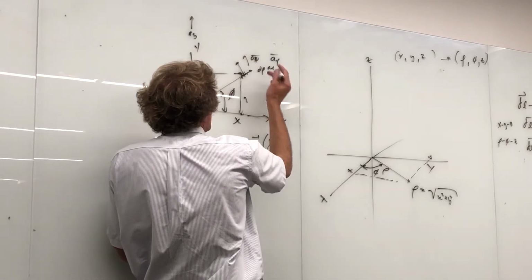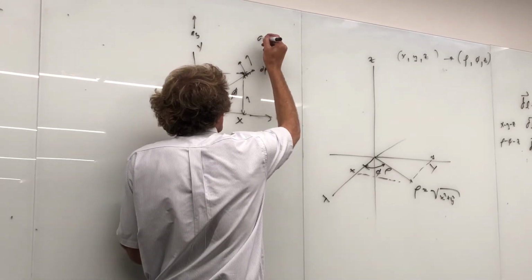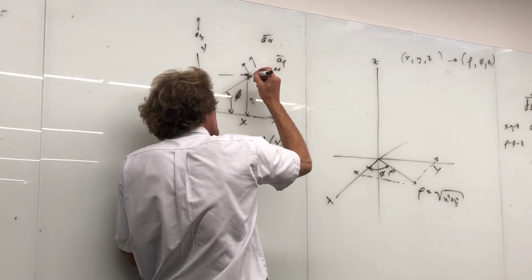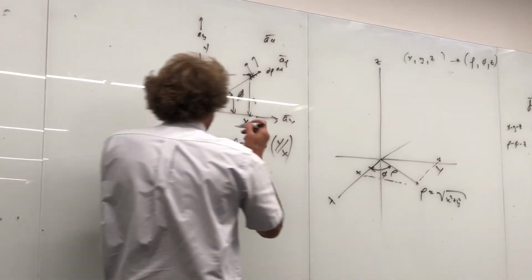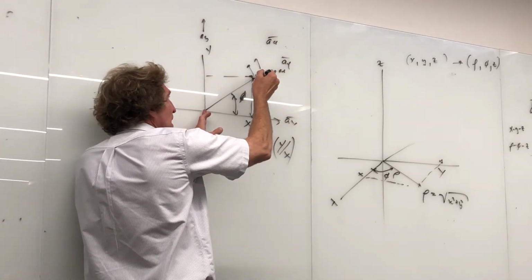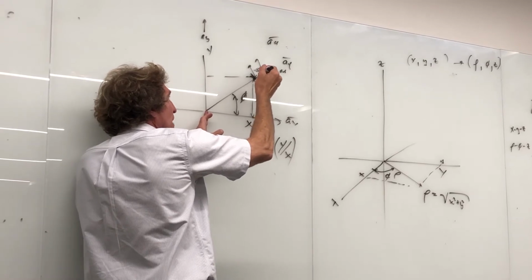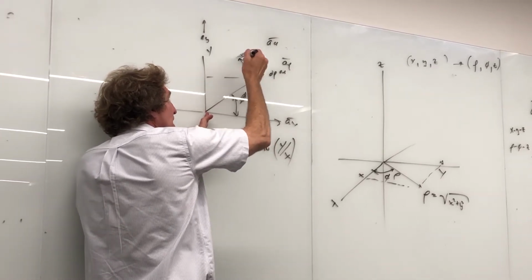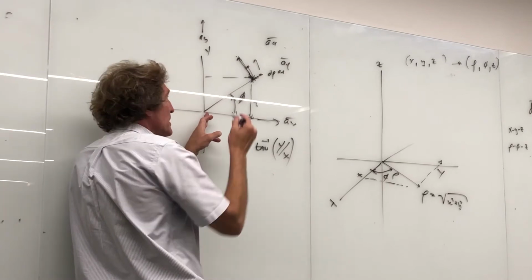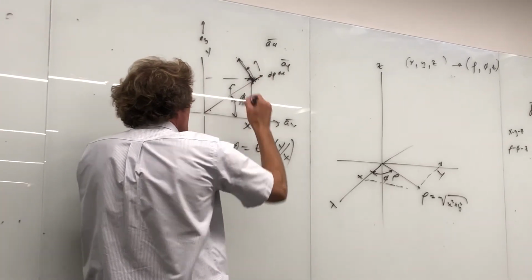Then when we talk about a phi, this is the one I want you to see. A phi, well, think about this. The way they usually say it is you take this and now have a differential phi change. What happens? This is the direction it would move, right? But it would be multiplied by this length, rho.